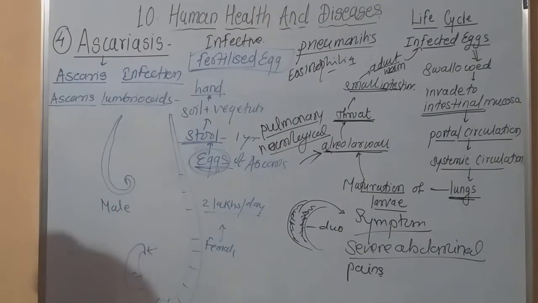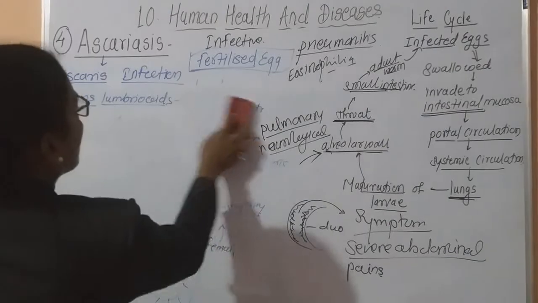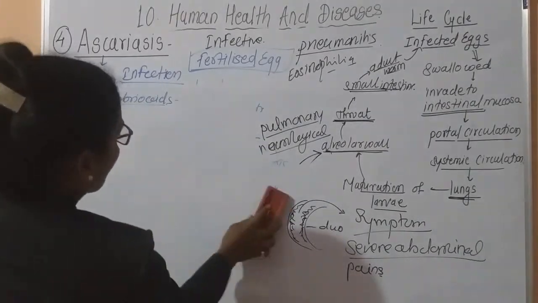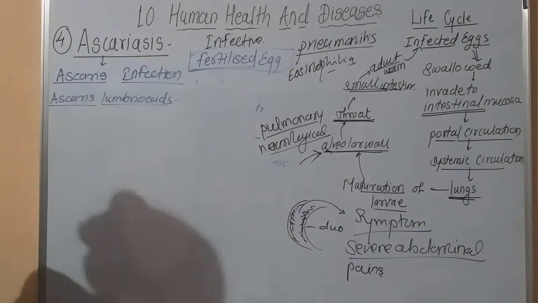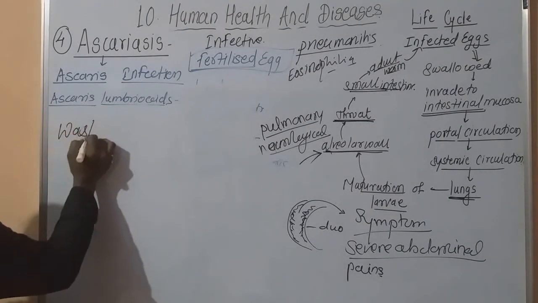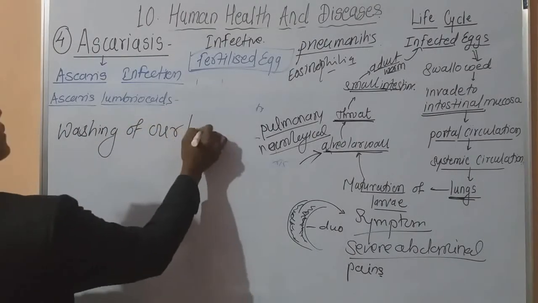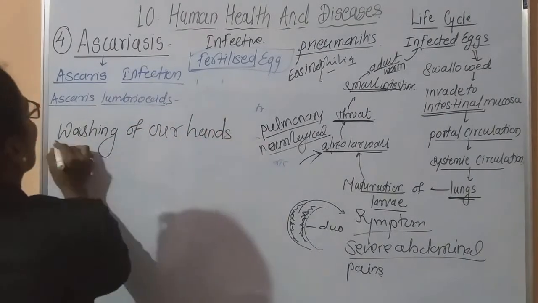Okay, such a number of symptoms we can observe in case of Ascariasis disease, and for this there are preventive measures. The important preventive measure is that you have to wash your hands properly before eating and after toileting, that is washing of our hands is the major preventive measure.